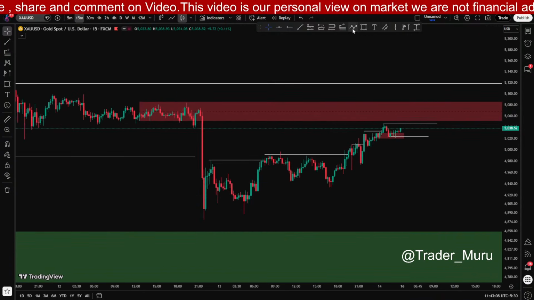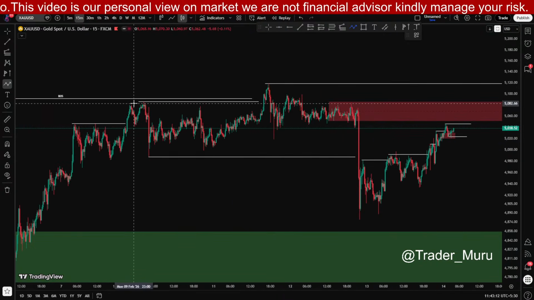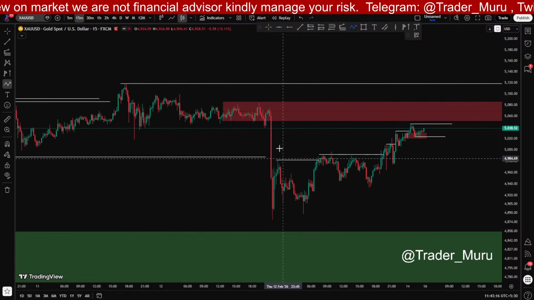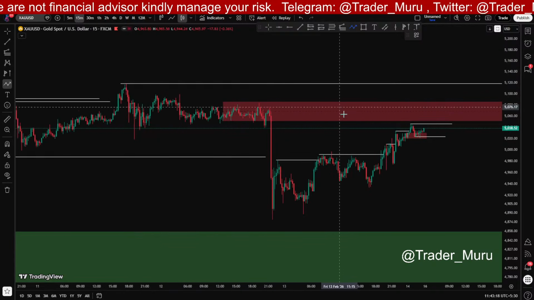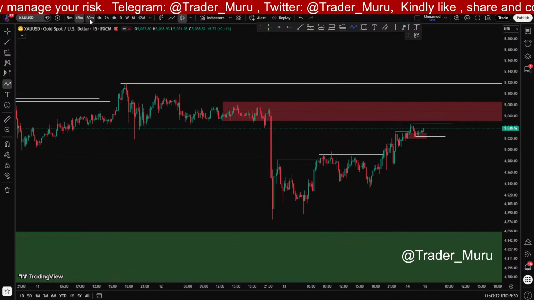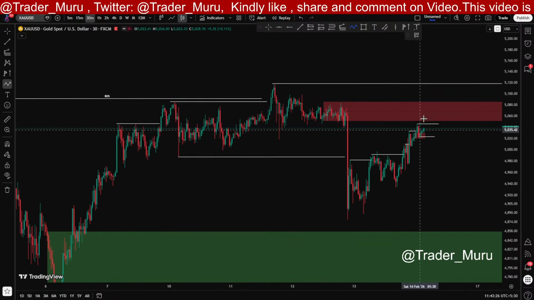So we need to wait for a smaller time frame change of character here until we have the break of this high, because 4 hour and 1 hour are already aligned with short direction, and 15-minute, 5-minute and 30-minute are on bullish direction.